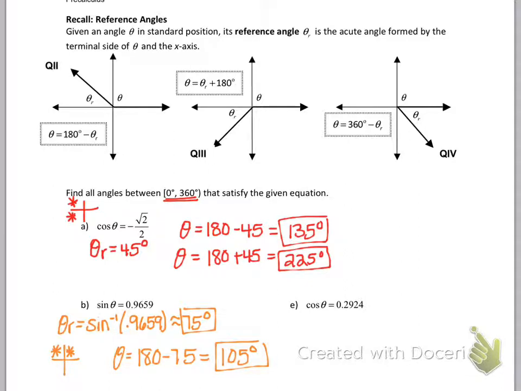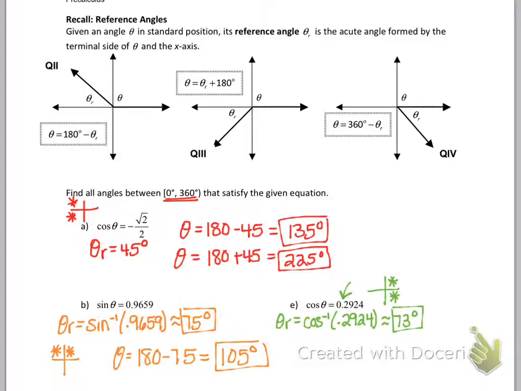Okay, for cosine, same steps. To find our reference angle, we do the inverse cosine in our calculators of 0.2924, and we get about 73 degrees. Since cosine theta is positive, we are going to be in quadrants 1 and 4. Again, 73 is in quadrant 1, so our reference angle is one of our angles.